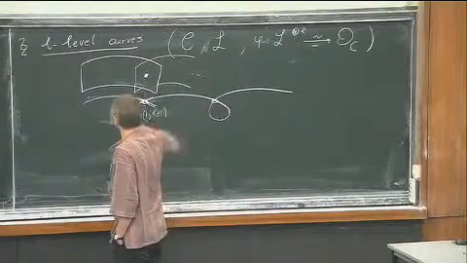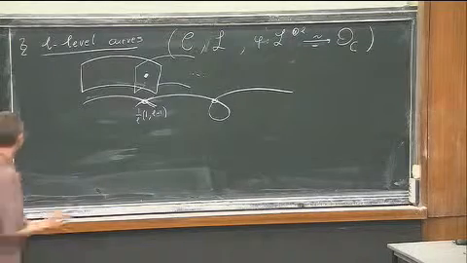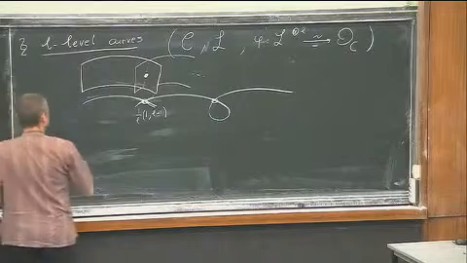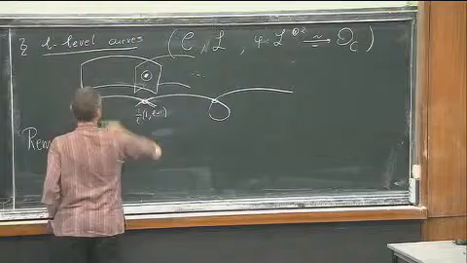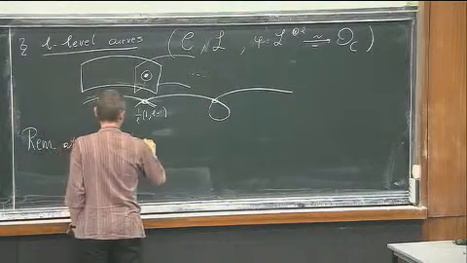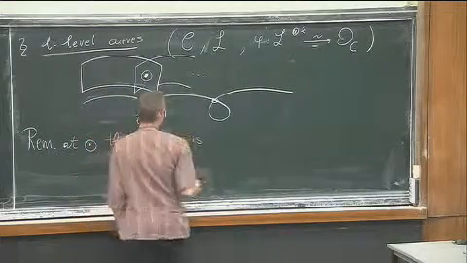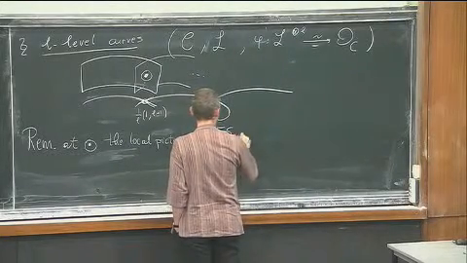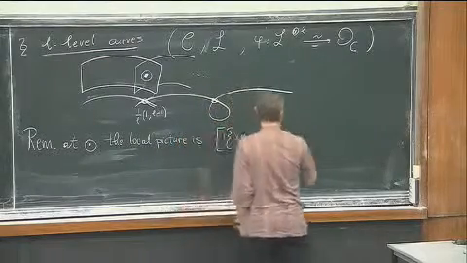So what if I want to describe the local picture at this point here? The local picture is, well, I have again a chart. It looks like xy equals 0 times C, where C is the fiber here.